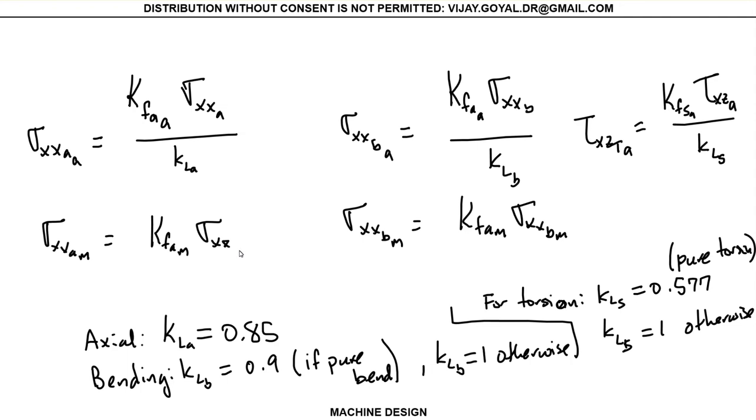I'm sorry, this is A, but it's alternate, alternate, alternate. And then this tau XZT mean will give you KFS mean tau XZ mean. Okay, and you don't have any factors at the bottom. Okay, that's important to mention.